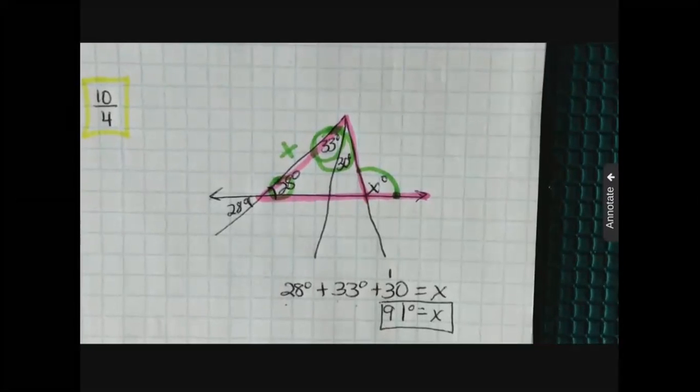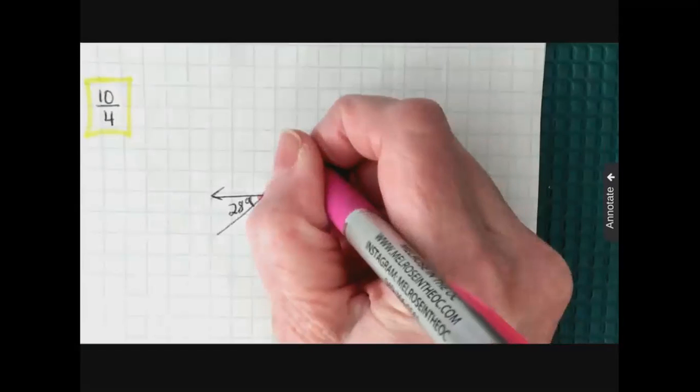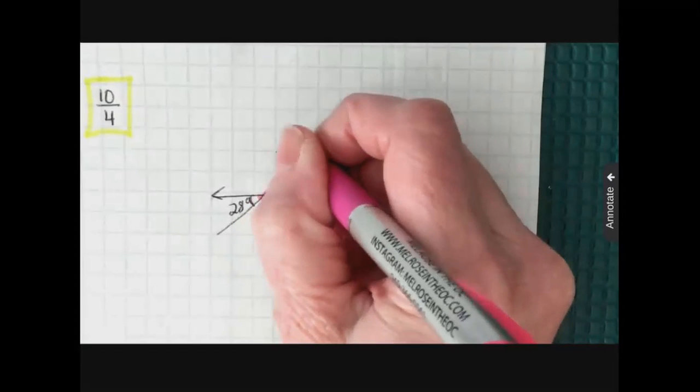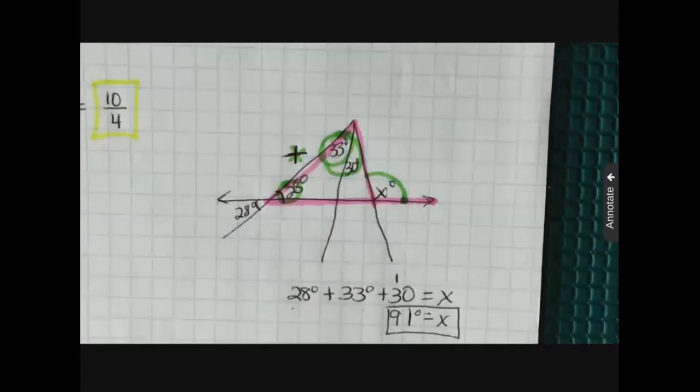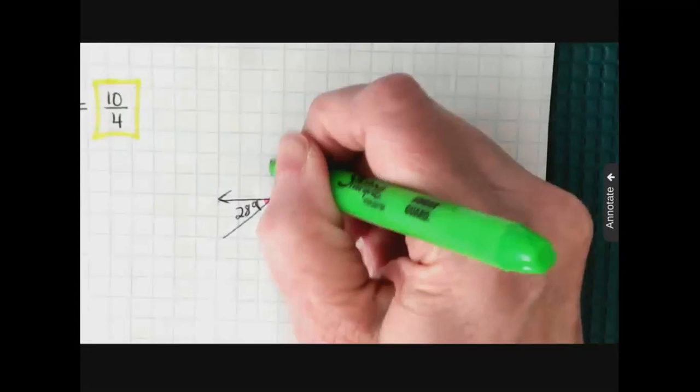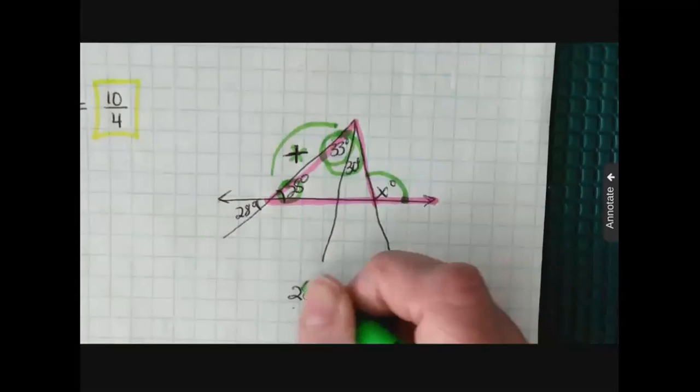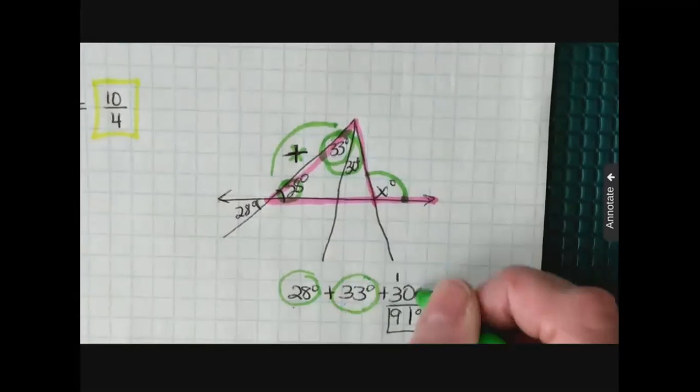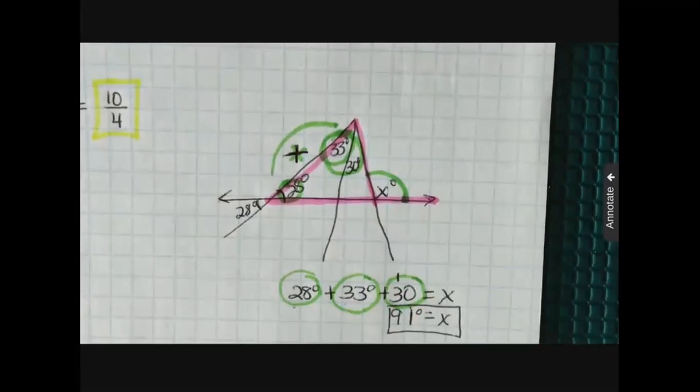Hopefully that helps. Your problem might be slightly different, but the idea is the same, the exterior angle theorem. This means plus. It looks like an X because of the way I wrote it, but it means plus. So you're adding these three angles, this one, and this one. And there should be a degree here.